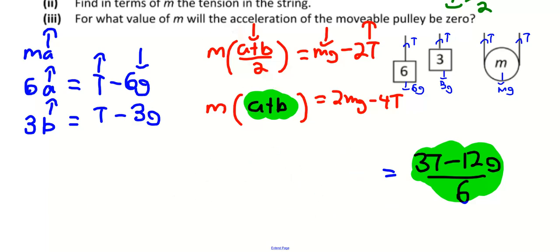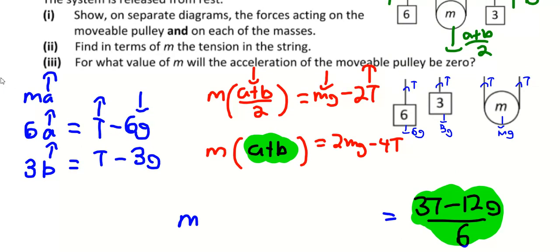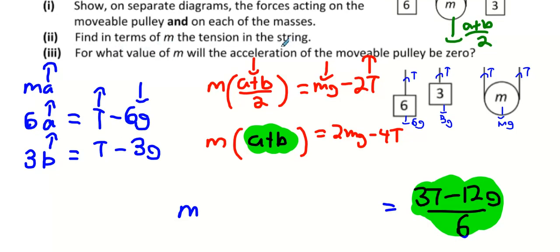Sub it in. Okay. Sorry, just rereading the question. We have to isolate T, don't we? So find the value of the tension. Find in terms of M the value of tension.